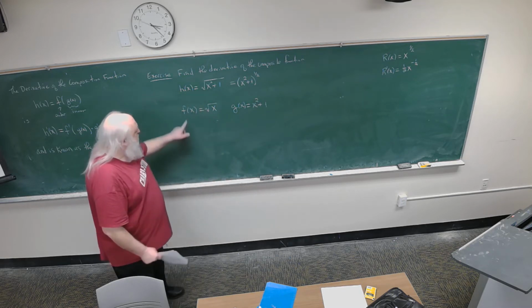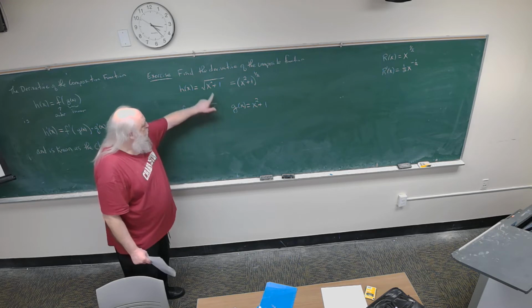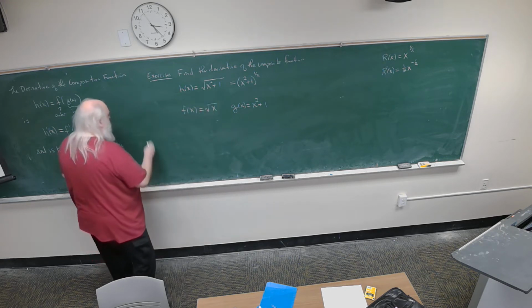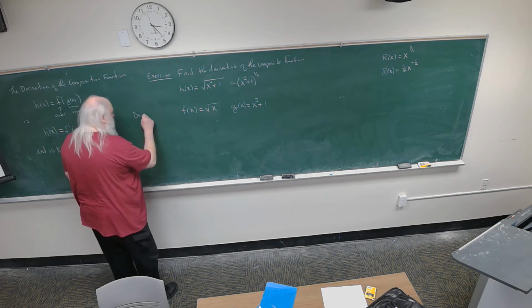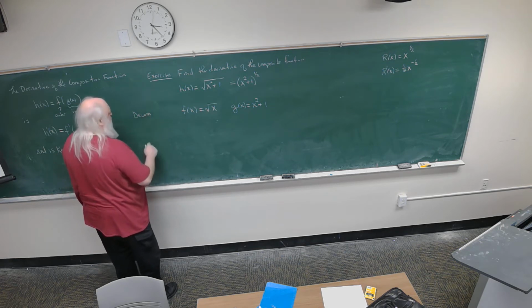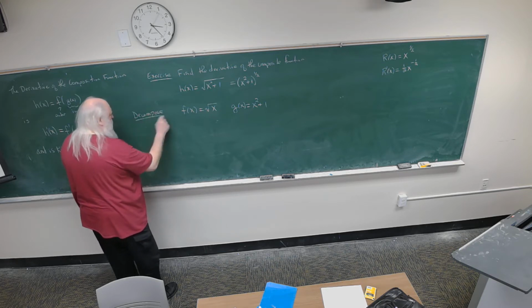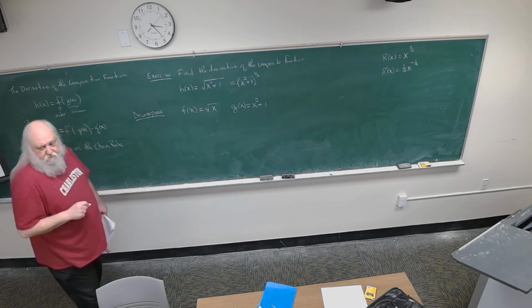When you take the composition of f with g, you end up with square root of x squared plus 1, right? So this is our decomposition. Decompose. Good thing I wasn't an English major.